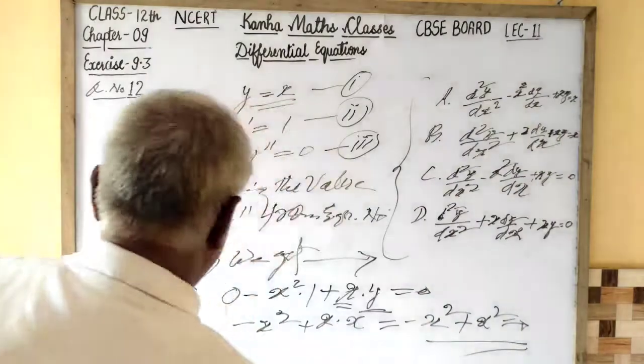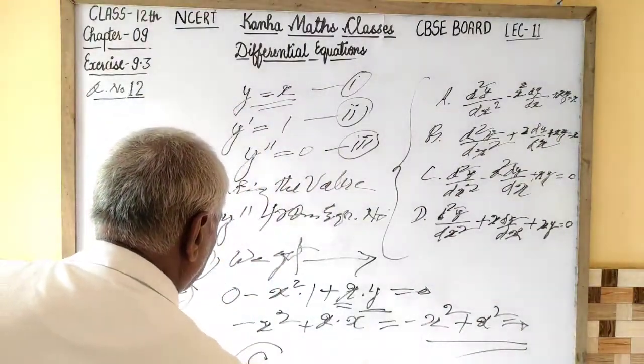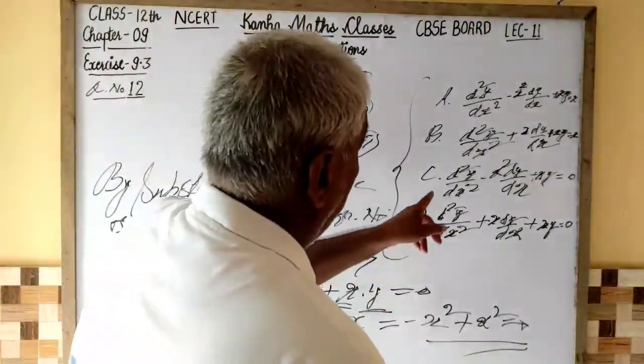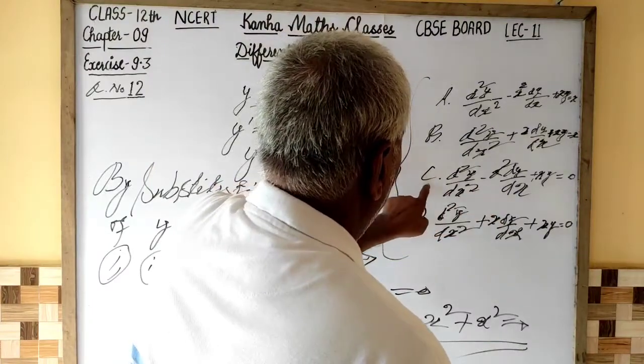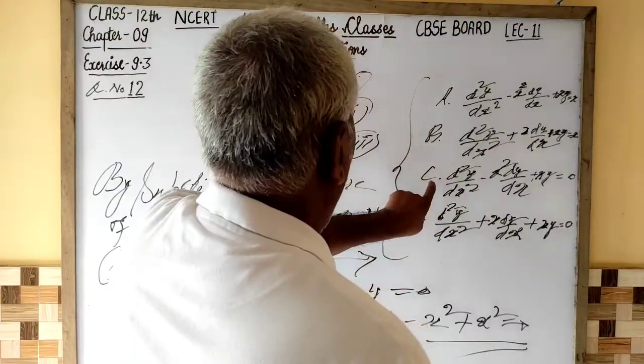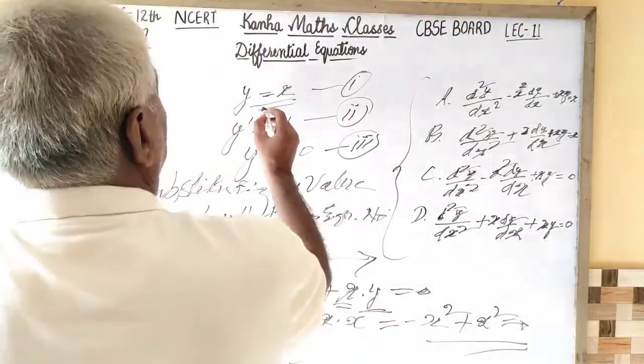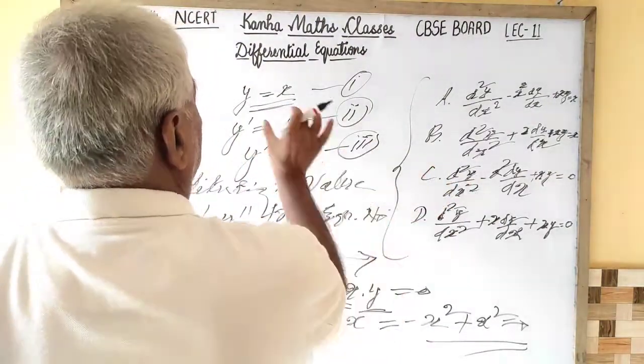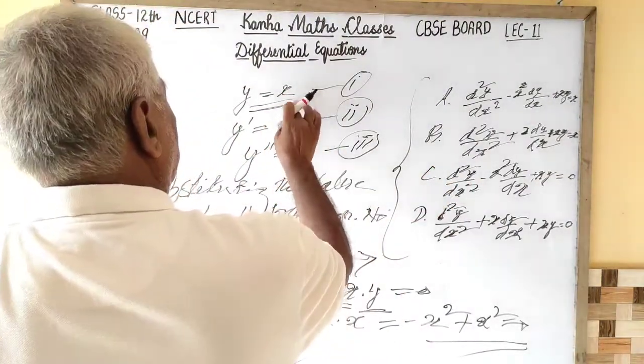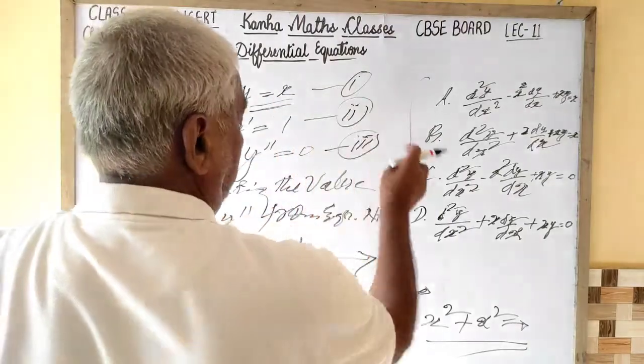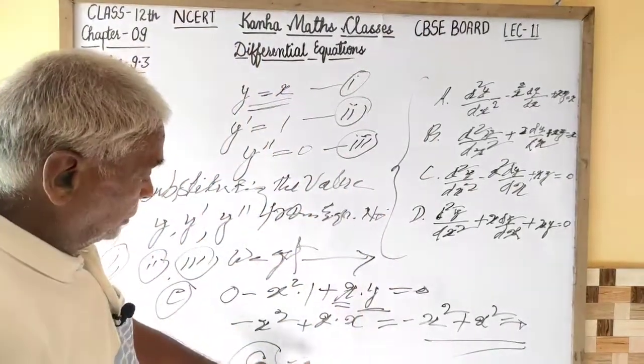Hence, alternative C is the correct answer, that the differential equation under alternative C has the general solution in terms of y is equal to x. Hence alternative C is correct.